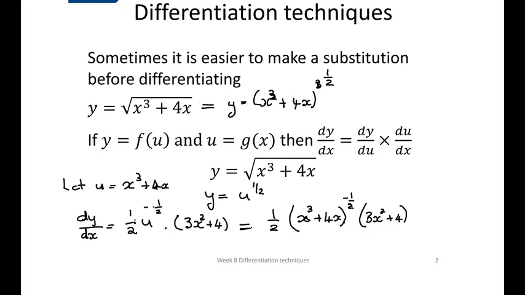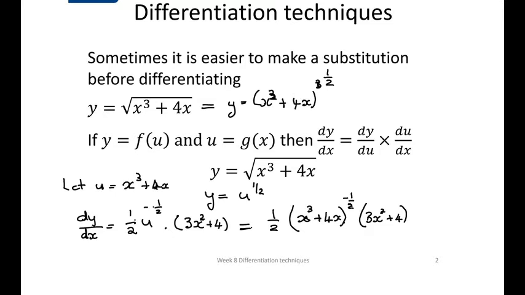Now, if you look at that, another way of expressing this is that it's the derivative of the whole times the derivative of the inside function, or the derivative of the outer function times the derivative of the inside function. If I were to say, okay, this is y equals something to the half.